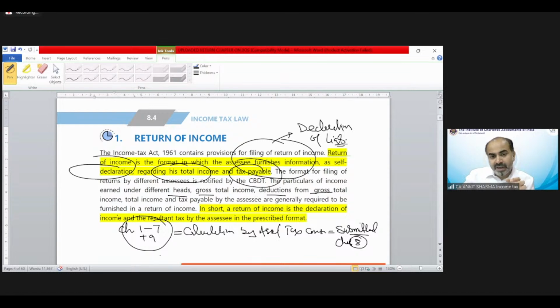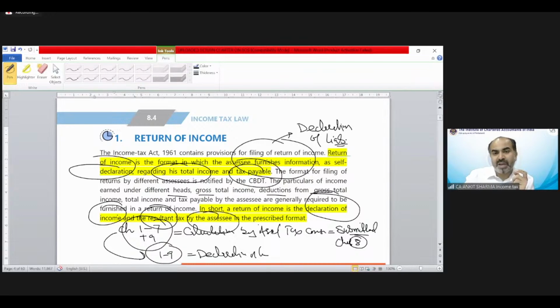But chapters 1 to 9 are covered in step number 1, which was called declaration of liability. Fine. In short, what is a return of income? A return of income is a declaration of income and the resultant tax paid by the assessee in the prescribed format.